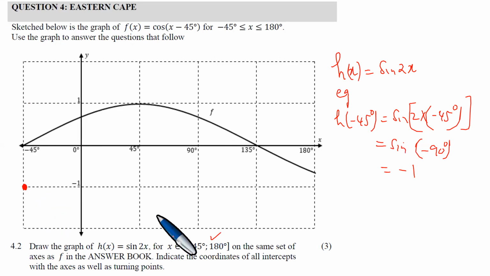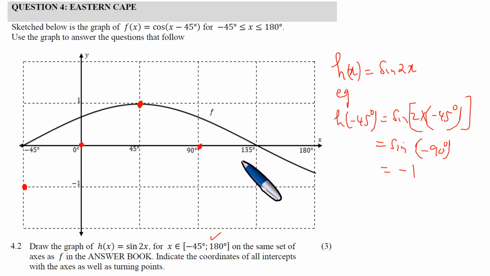Now we do the same, because we must sketch it between -45 degrees and 180 degrees. The sine of 2 times 0 is sine 0, which is 0. At 45 degrees, 2 times 45 is 90. The sine of 90 is 1. At 90, 2 times 90 is 180. The sine of 180 is 0. At 135, 2 times 135 is 270.